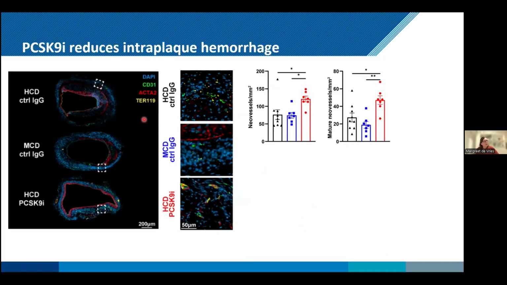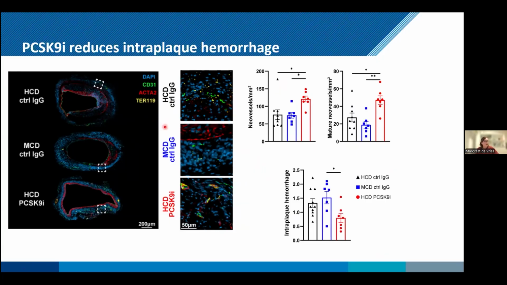But we could also compare this with the extravasated erythrocytes. And if we quantify this, we really could see that PCSK9 inhibition showed a significant decrease of intraplaque hemorrhage in comparison to the mild cholesterol diet.